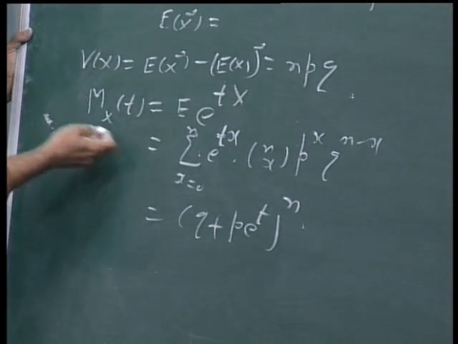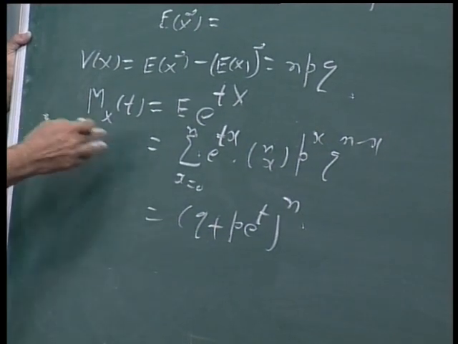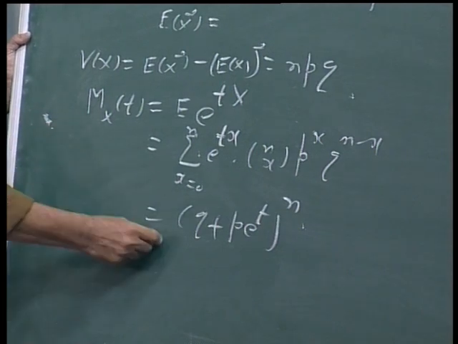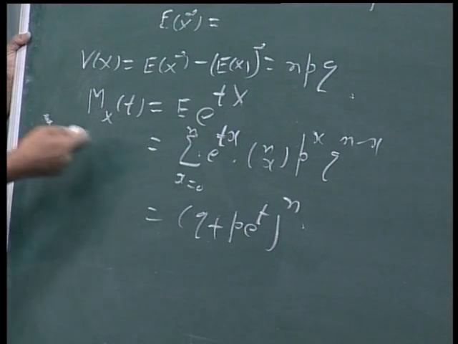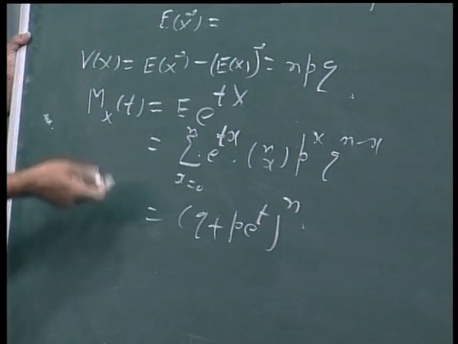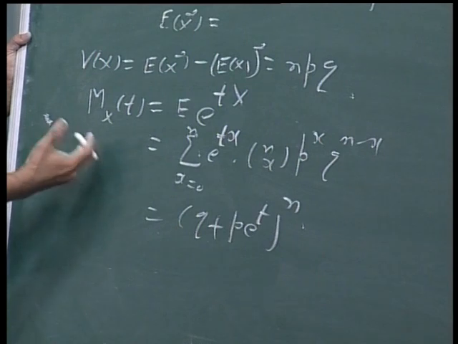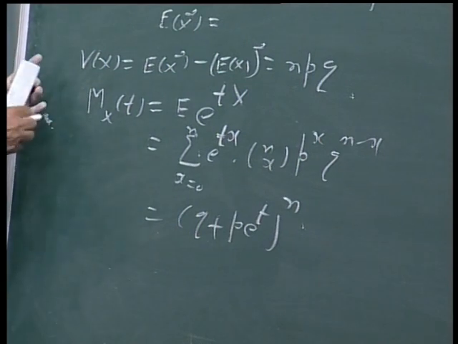If you differentiate this one time and put t equal to 0, you will again get the first moment np. Differentiating a second time and putting t equal to 0, we can get mu2 dash. So from this also we can find moments of various orders.